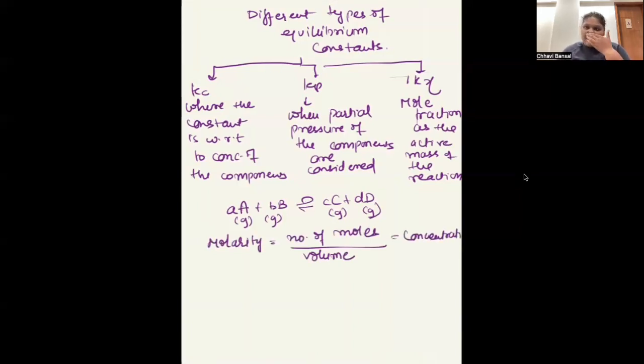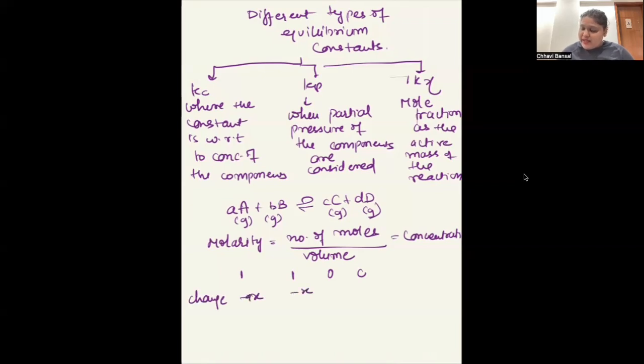Now let's make an ICE table for the reaction and understand how we can express K equilibrium in terms of Kc. Let's assume initially there was 1 mole of A and 1 mole of B, and no moles of C and D. What will be the change till it reaches equilibrium?